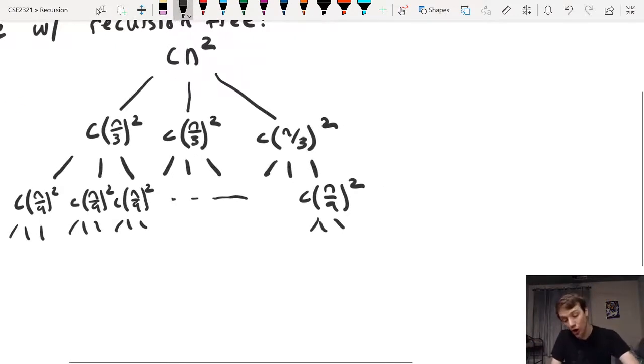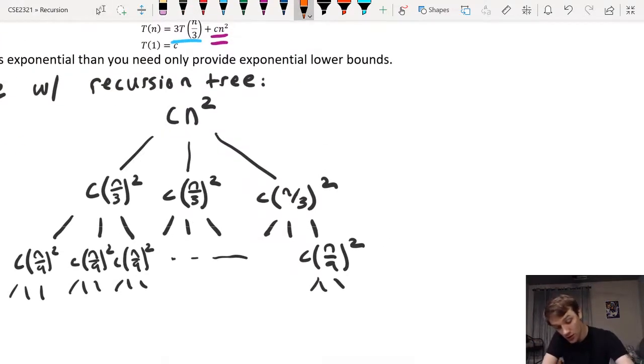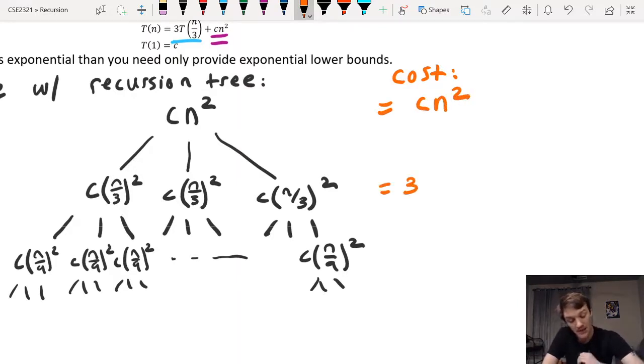We need to compute the cost at each level. The cost at the base level here is cn squared. On the next level, I have 3 copies of c n over 3 squared.